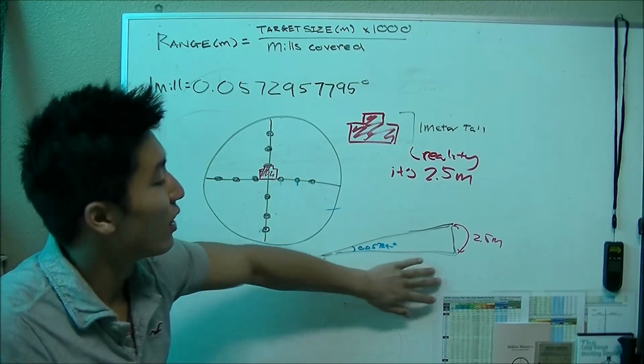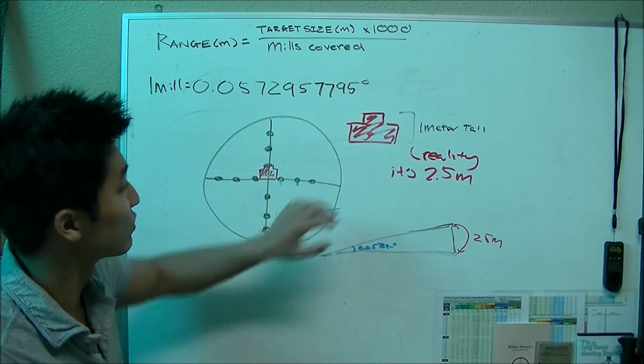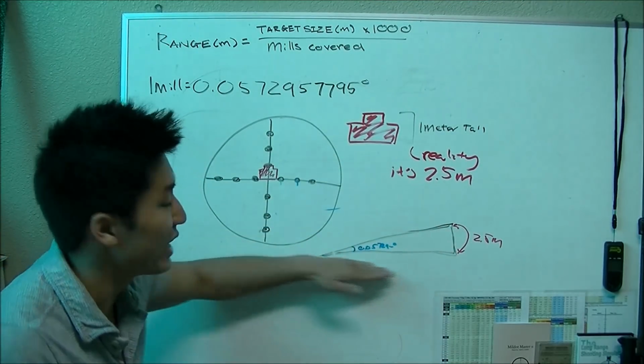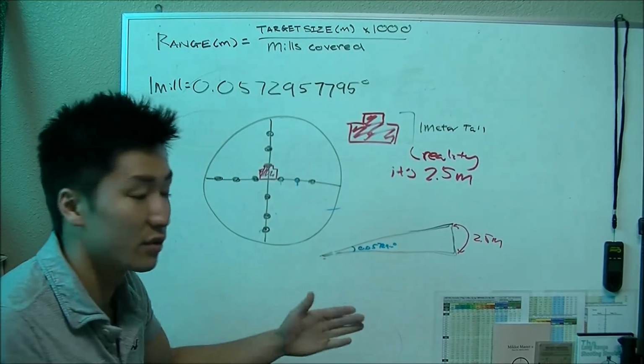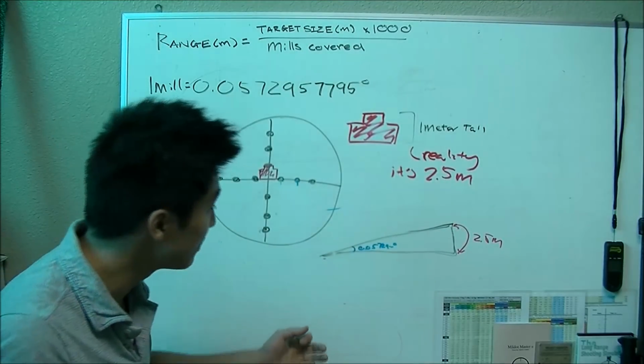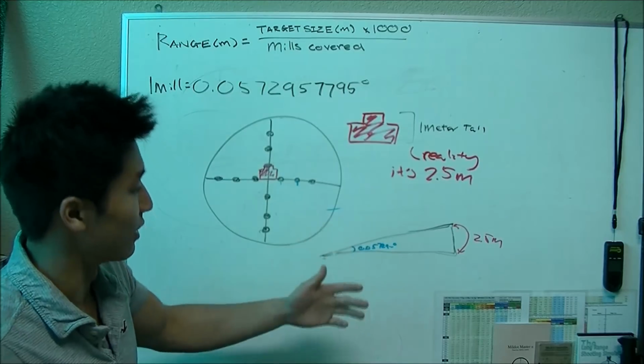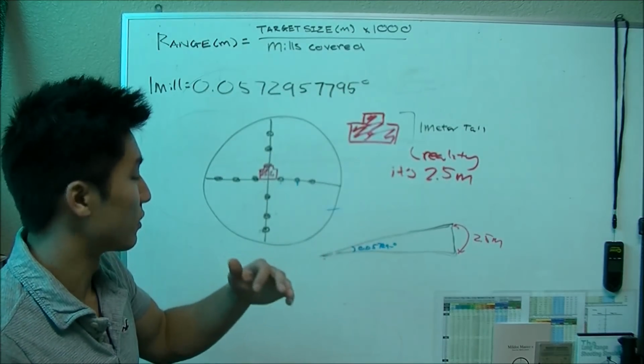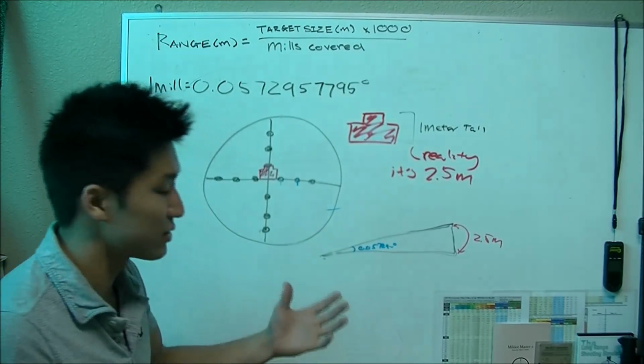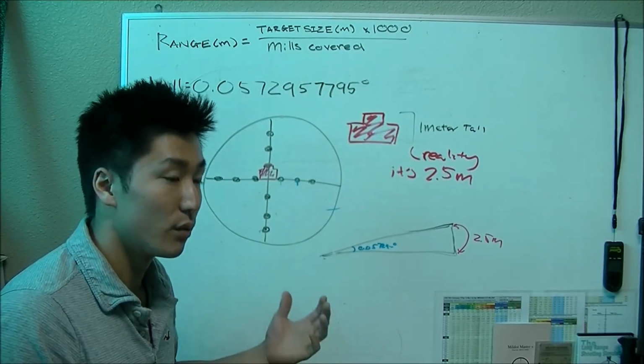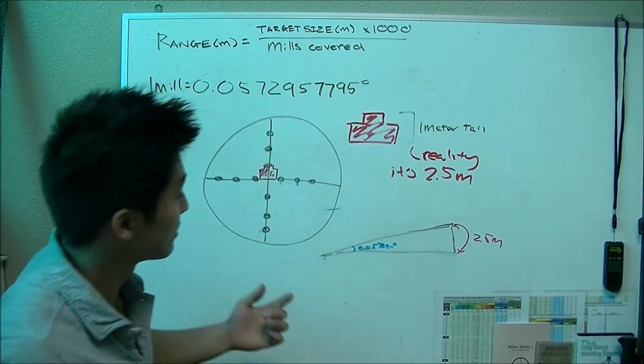Now remember, 1 mil represents 1 meter when the range is 1,000 meters, because remember, tangent of 0.057 is 0.001. So that's a ratio.